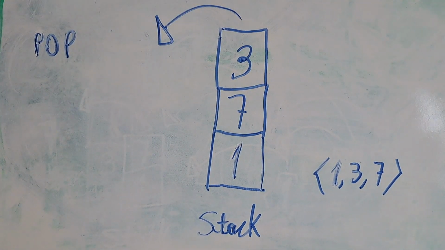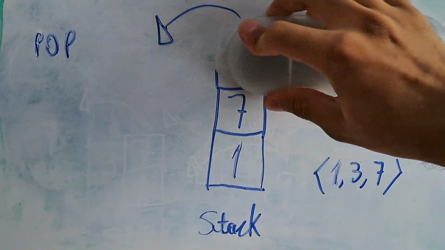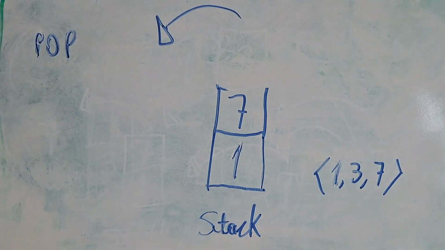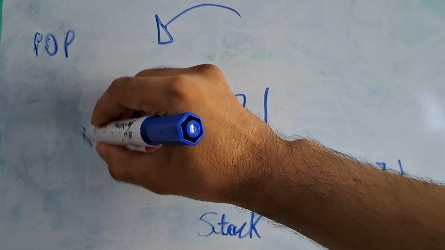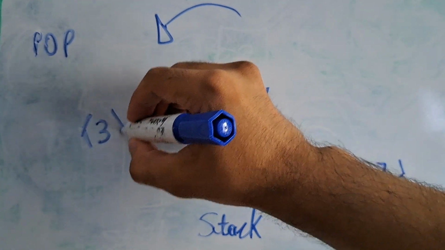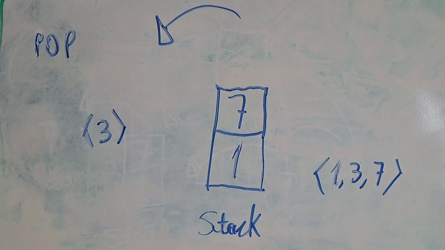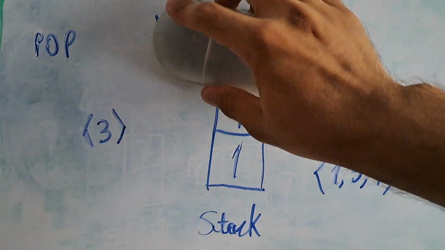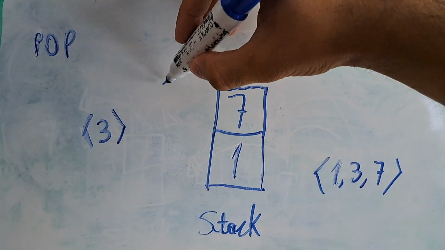So when applying it, we must remove the element that is on top of the stack, in this case number 3. And we can keep popping elements from the stack.